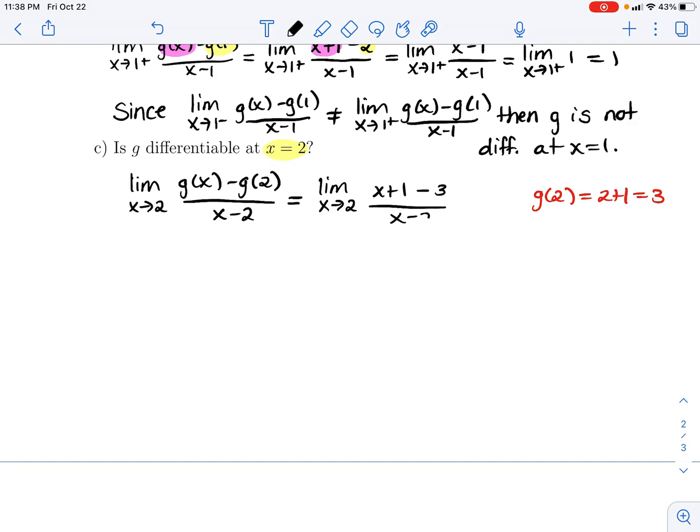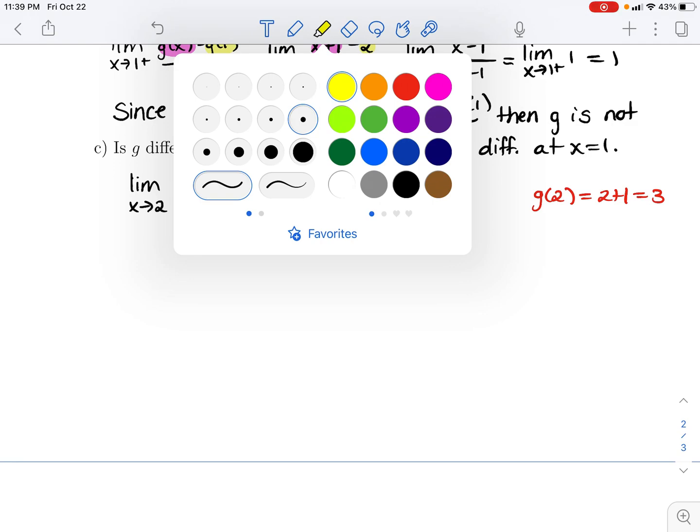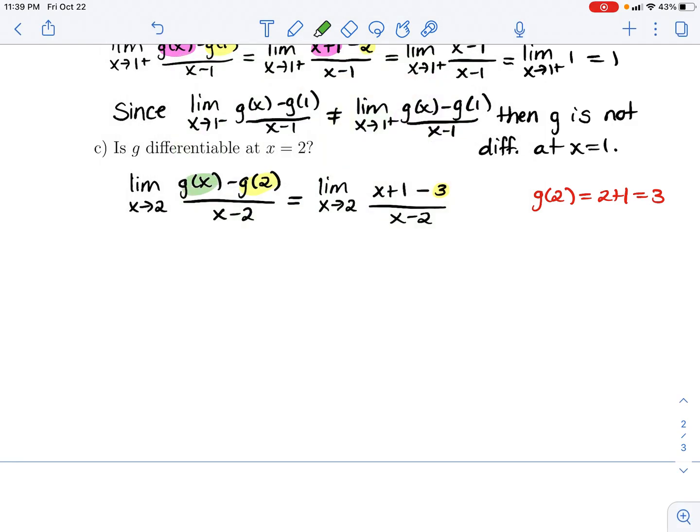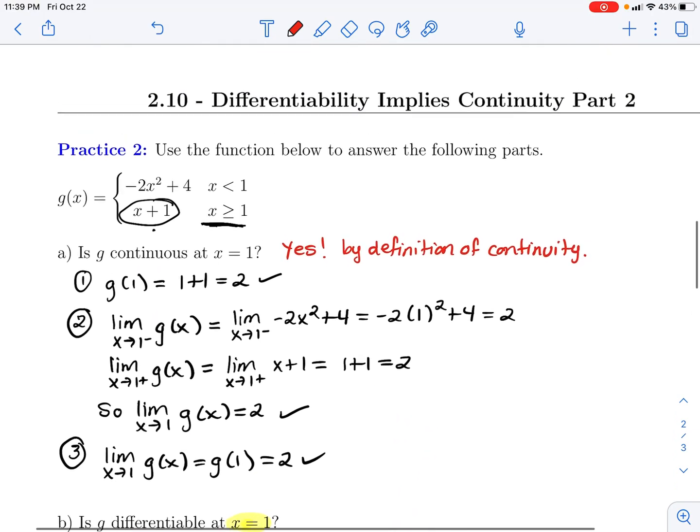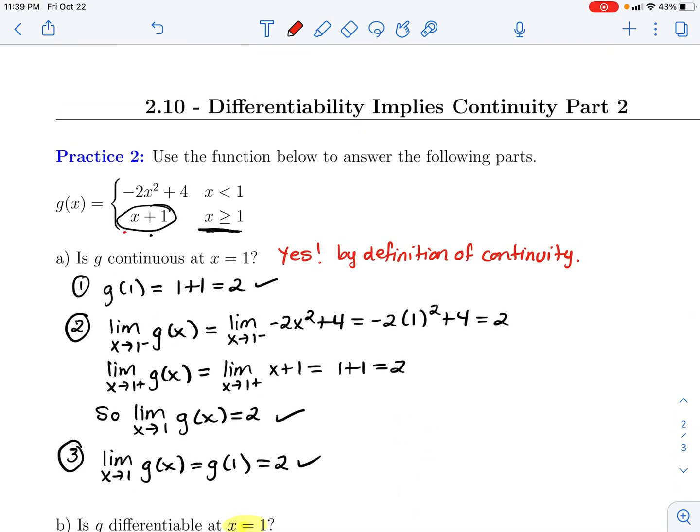And then this is all over x minus 2. Okay, so here I just plugged in g of 2, and then I plugged in g of x. And then again, g of 2, I just plugged in 2 into x plus 1. So going back up here, I just plugged in 2 into this piece, into this bottom one.